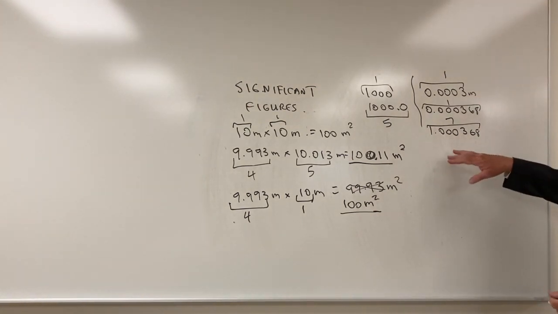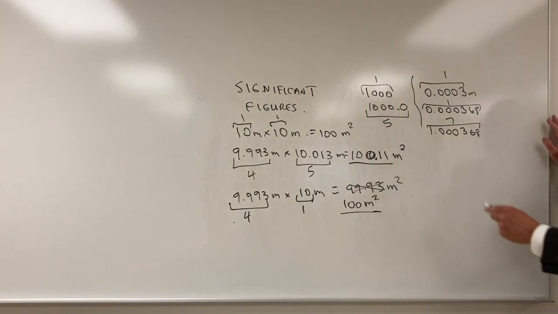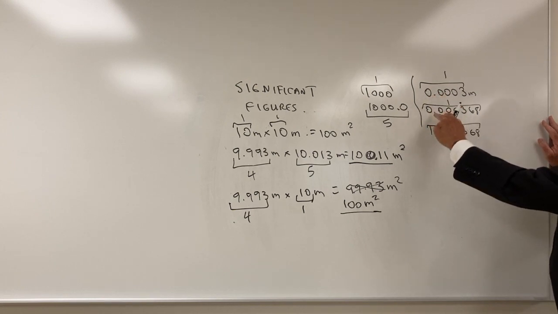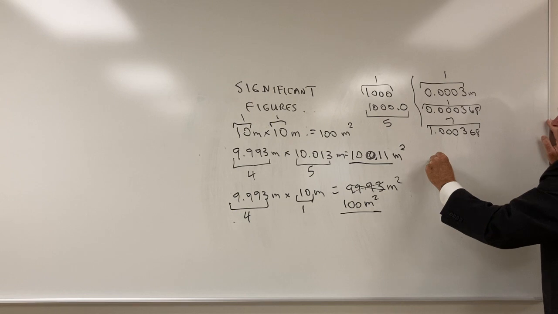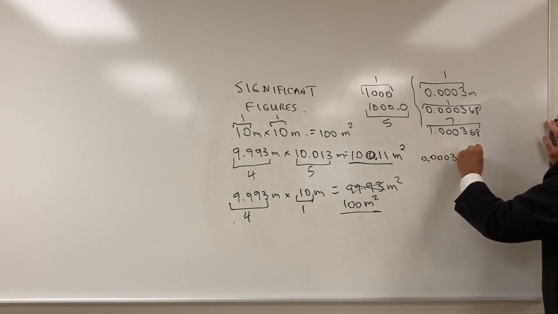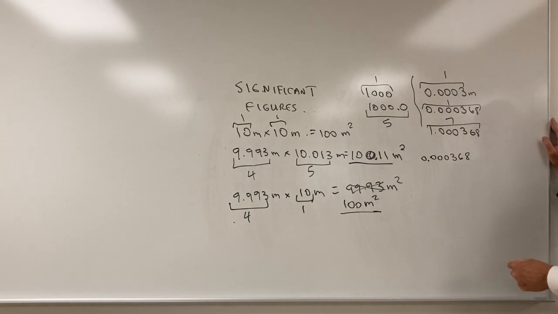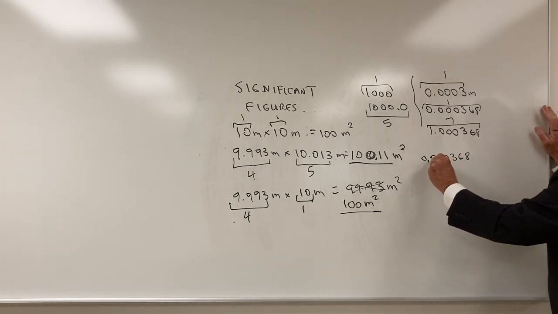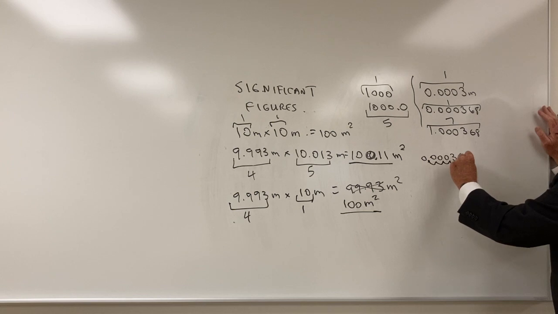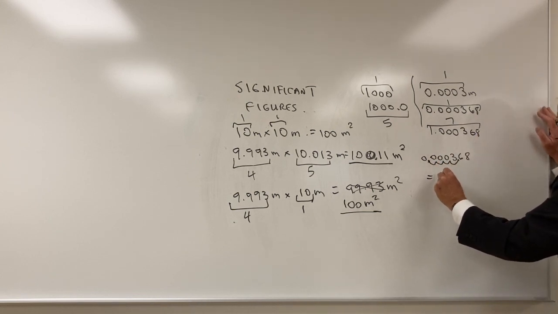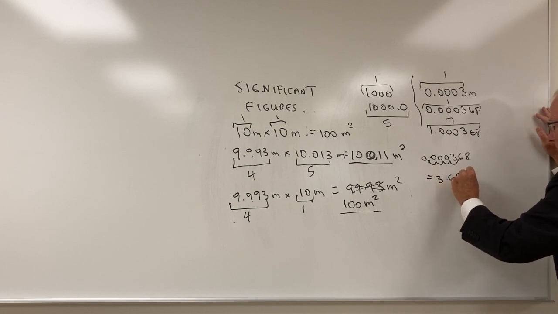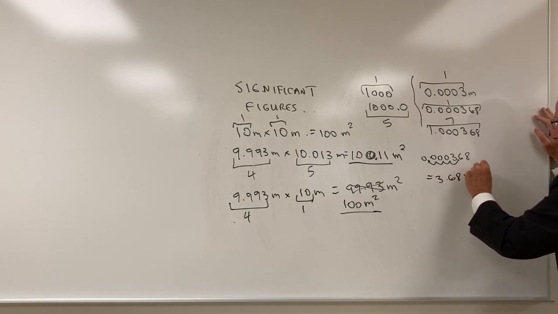Another way to make this a little easier is, say we have this number 3.000368. To change this to scientific notation, we would move the decimal 1, 2, 3, 4 places. That would then become 3.68 times 10 to the minus 4th.